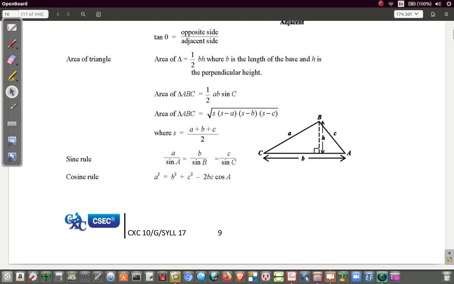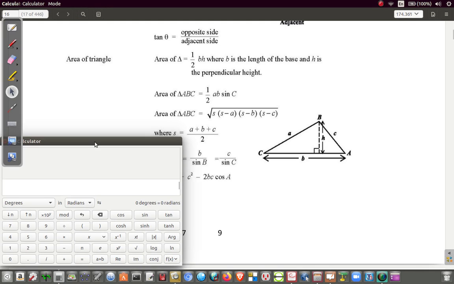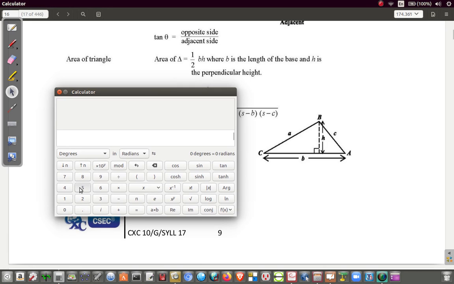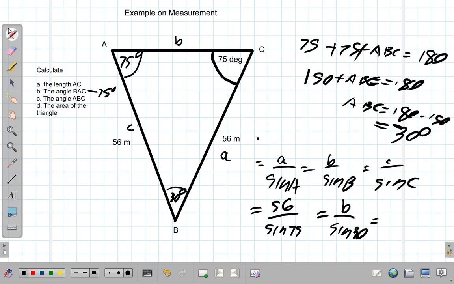Let's get our calculator. 56 divided by the sine of 75, in degrees. Equals 57.975. So 57.975 equals b over sine 30.